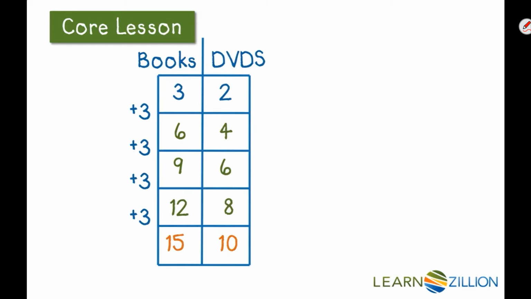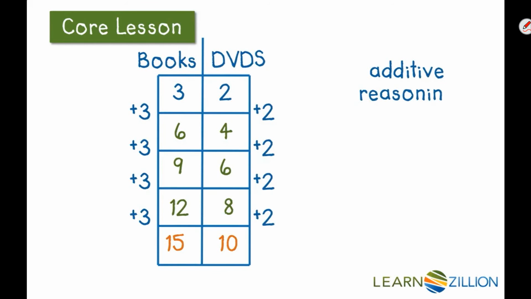And each group of DVDs is increasing by 2. This idea of ratios is called additive reasoning, because as you move down the grouping, you're going to add each time to find the next number.